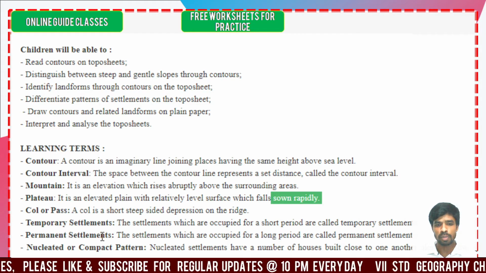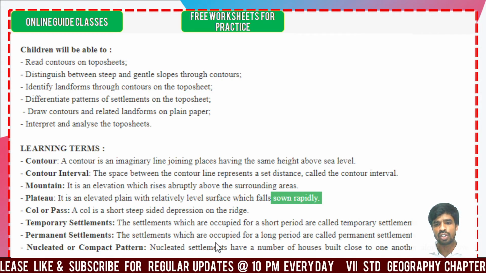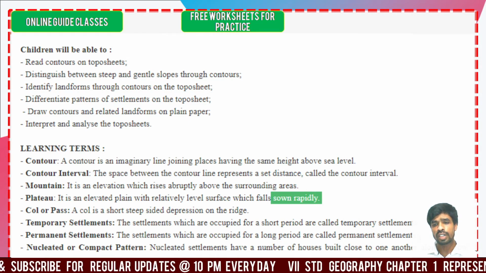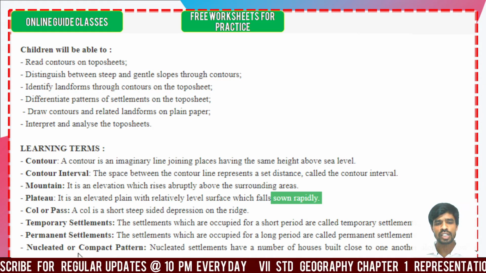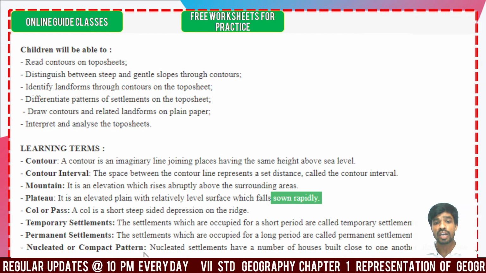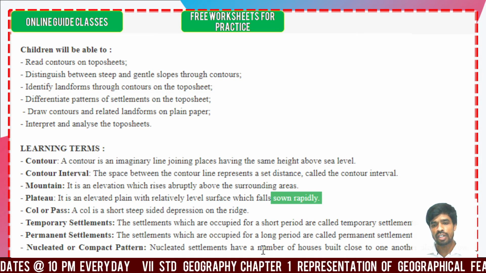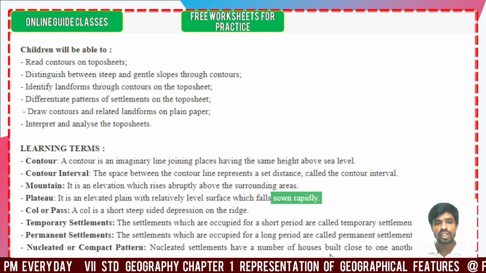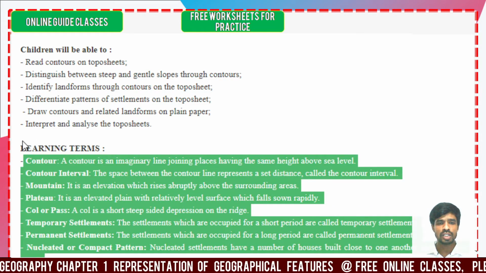The next one, what is a permanent settlement? The settlements which are occupied for a long period of time are called permanent settlements. Nucleated settlements are also called compact settlements or compact patterns. Nucleated settlements have a number of houses built close to one another along the narrow streets. So please learn these learning terms.